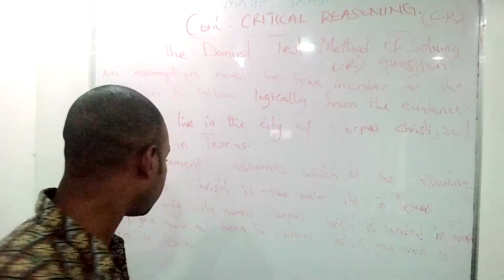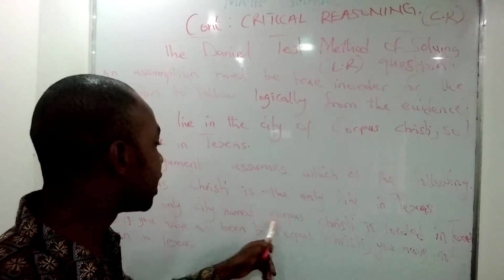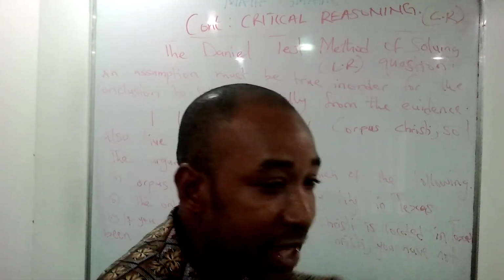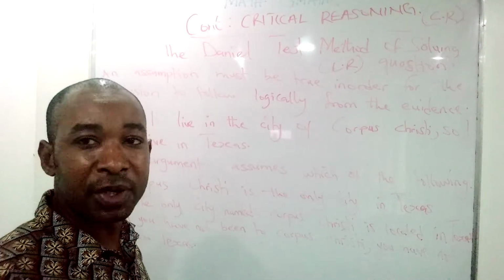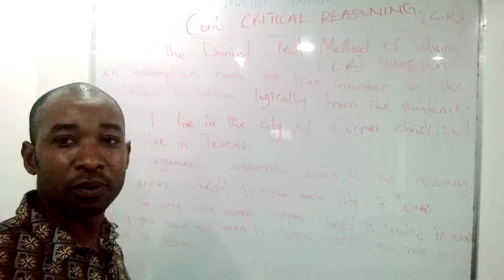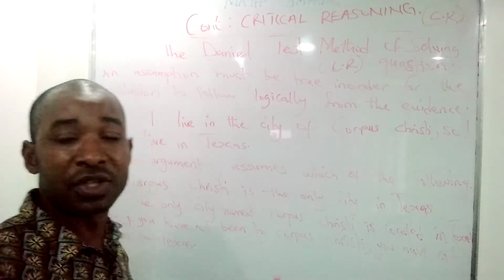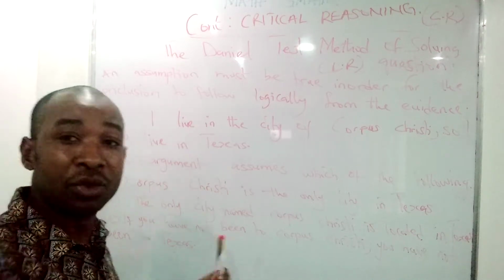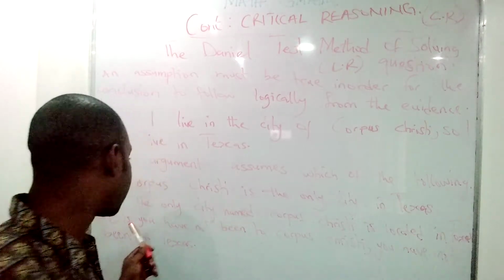That is not true. The only city named Corpus Christi is located in Texas: that seems true, because a city named Corpus Christi is definitely in Texas, and it could be the only one. This assumption looks true. Let's go to the next one.